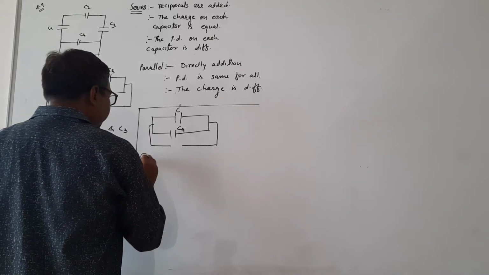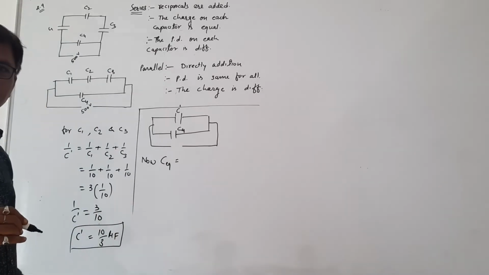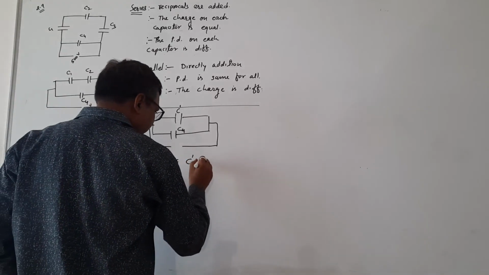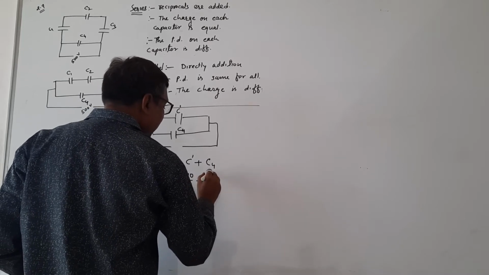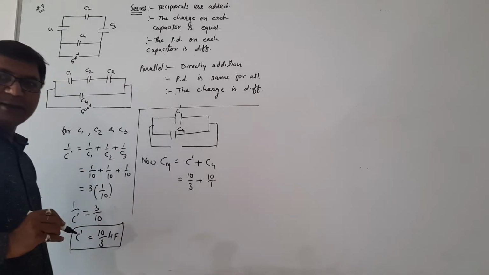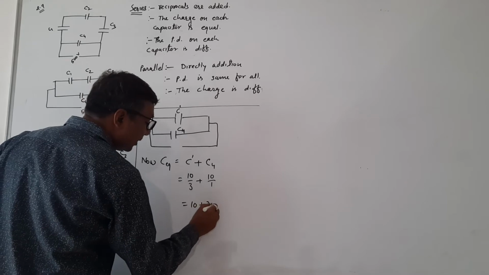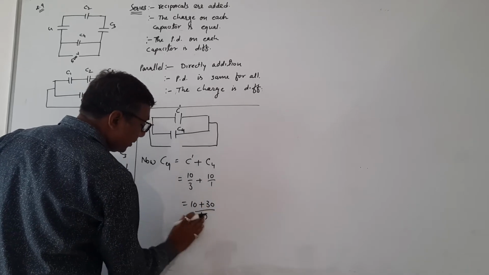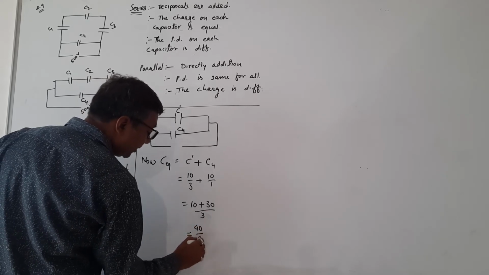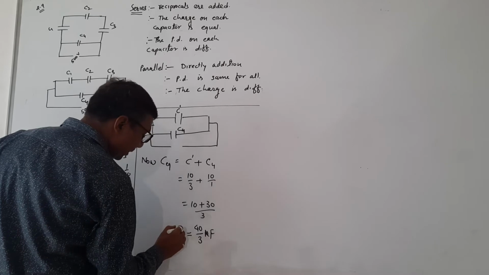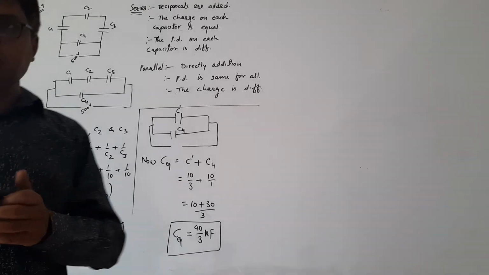So now C equivalent for all is C dash plus C4, that means 10/3 plus 10/1. So 10 1s are 10, 10 3s are 30 upon 3. That means 40/3 microfarad. That is your equivalent capacitance for this network.